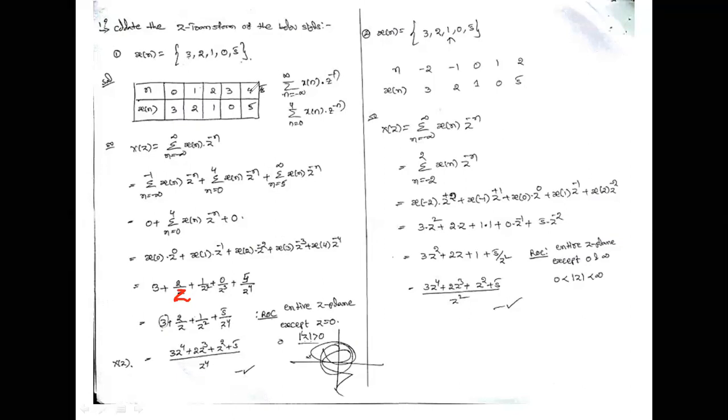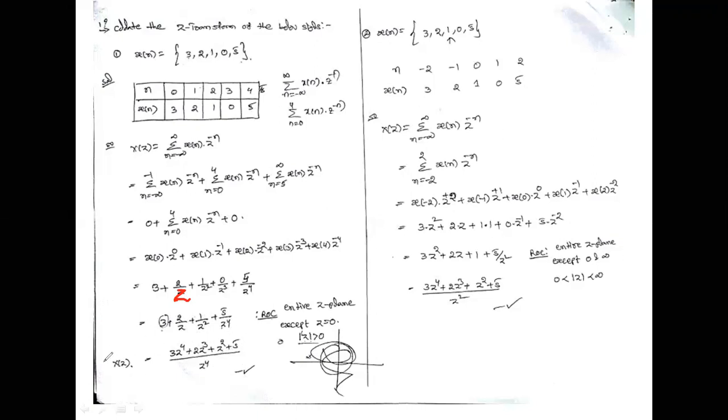X of 4 at n is equal to 4, the value is 5, 5 by z power 4. Now I can simplify: 3 plus 2 by z, plus 1 by z square, and this value is 0, plus 5 by z power 4. Take the LCM as z power 4: 3z power 4, plus 2z cube, plus z square, plus 5.